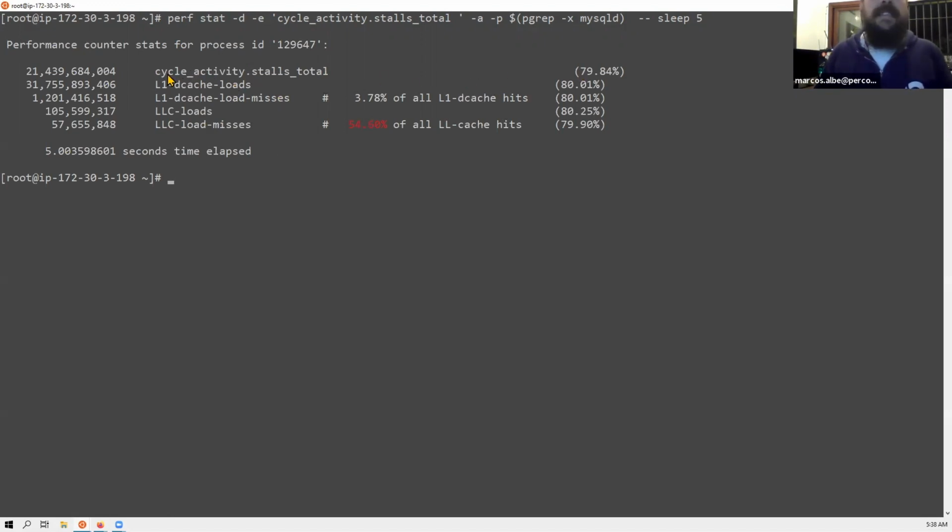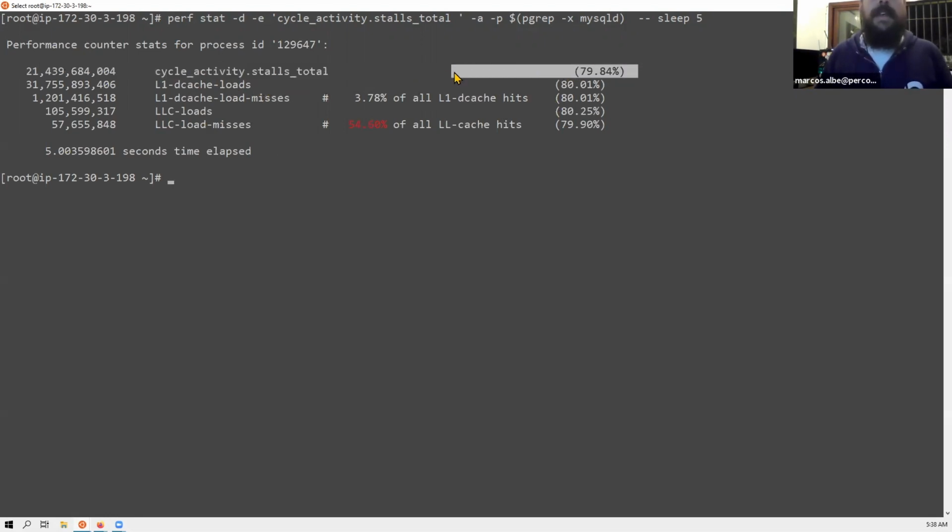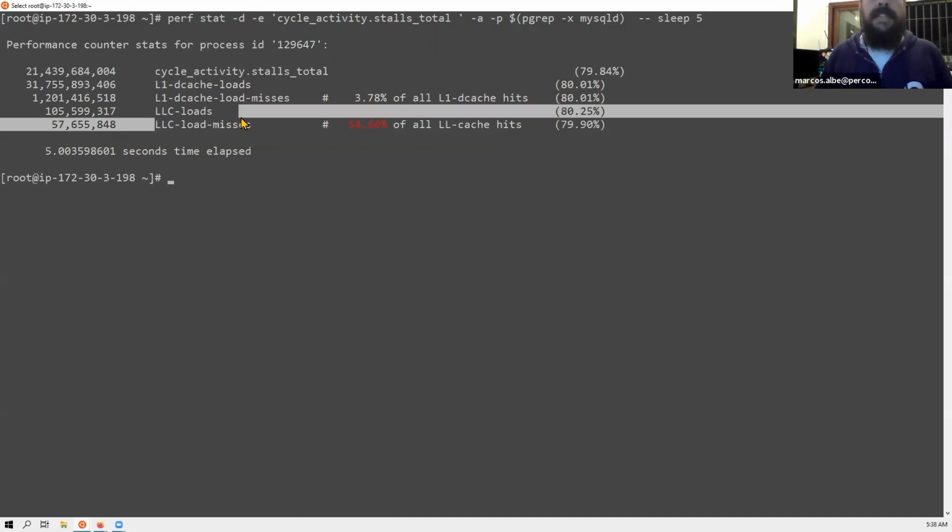In this case, I think I got the wrong counter, and 80% is certainly not what I would expect. Albeit there's a ton of LLC misses, but I wouldn't expect to see that many stalls anyway.